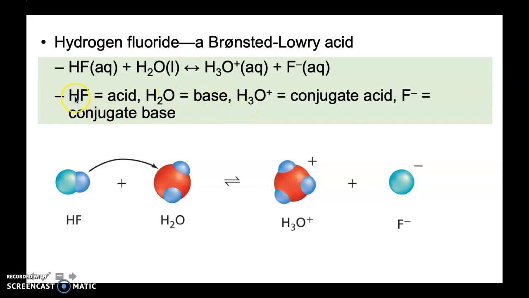Now, hydronium accepted the hydrogen, so that's your conjugate acid. Fluorine lost hydrogen, so it's a conjugate base. The one that lost the hydrogen is the conjugate base.